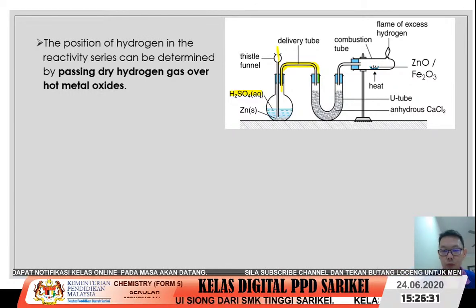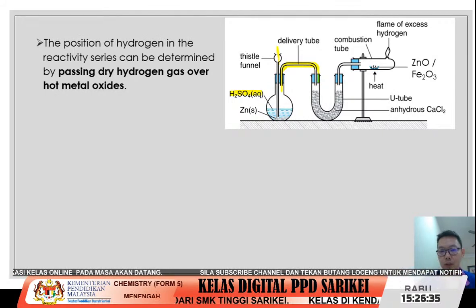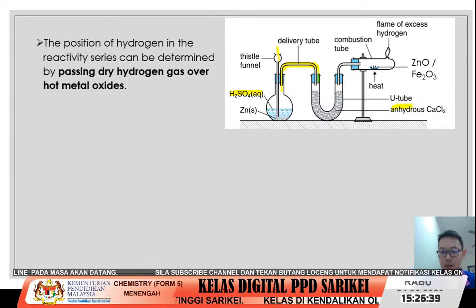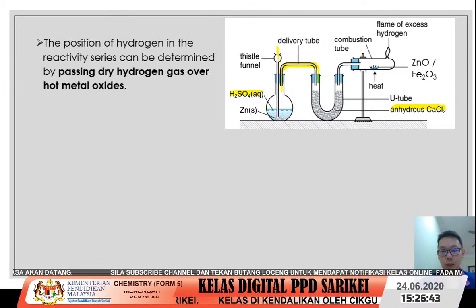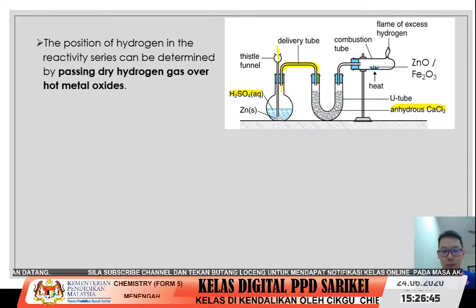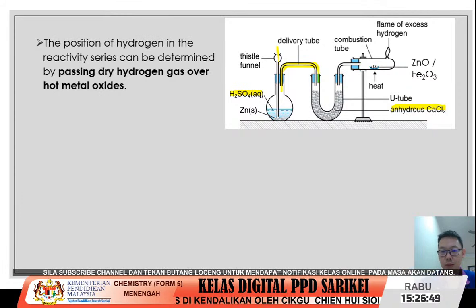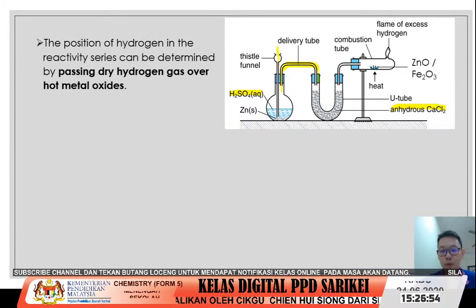So we can make sure the hydrogen gas produced is channeled into a U-tube containing anhydrous calcium chloride. This anhydrous calcium chloride is used to dry the hydrogen gas. We need anhydrous calcium chloride to absorb the water, the moisture produced.